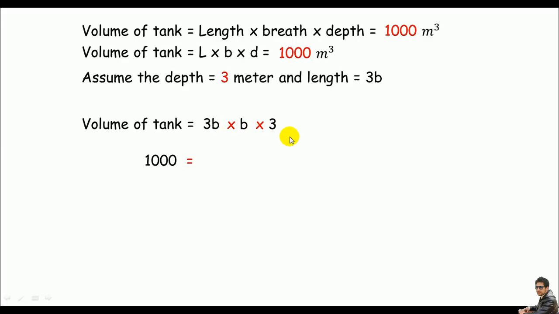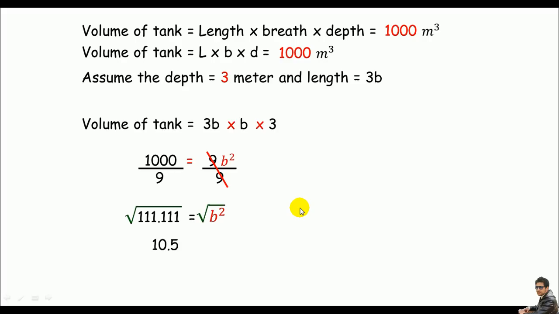This is just 9b square. Just divide both sides by 9. We'll get of course b square equals 111.111. We don't need b square. We only need the b, which is just of course the breadth of the tank. So just putting square roots on both sides, the b must be equal to 10.5 meter.